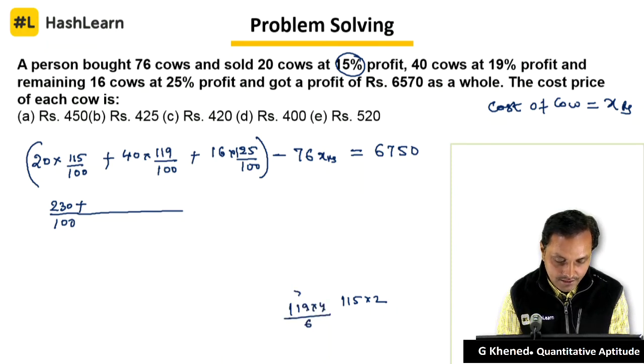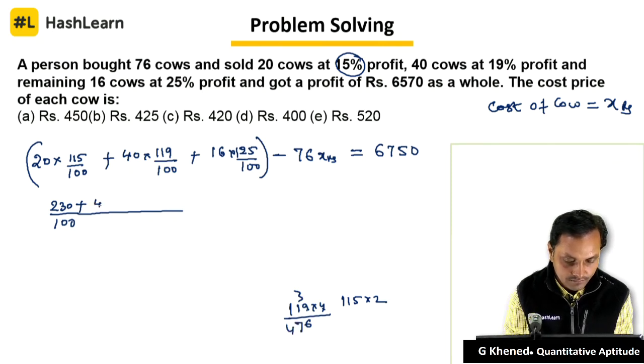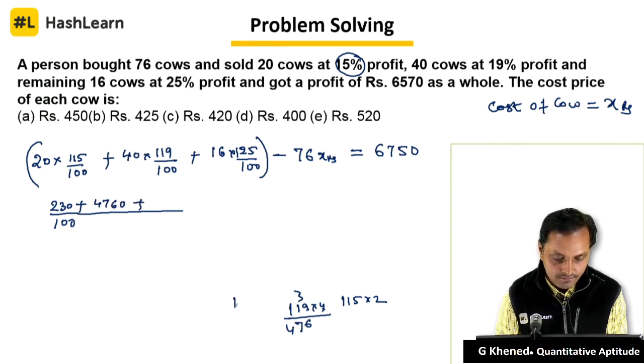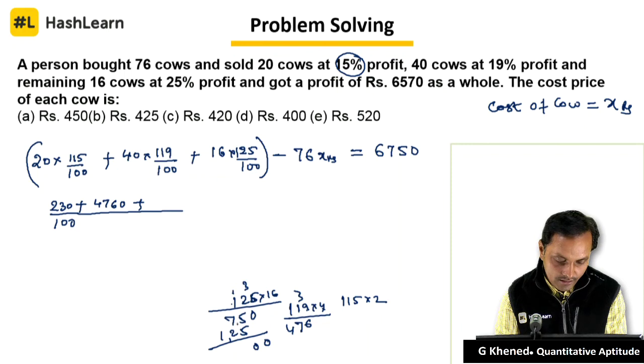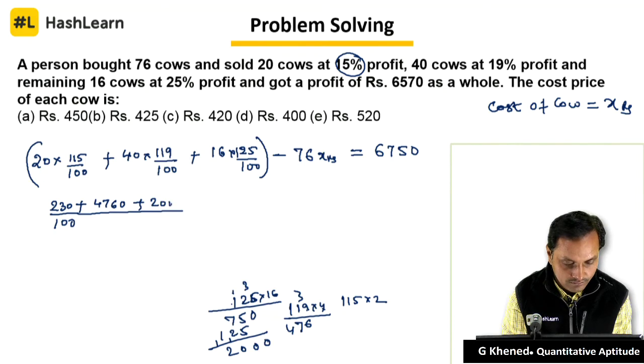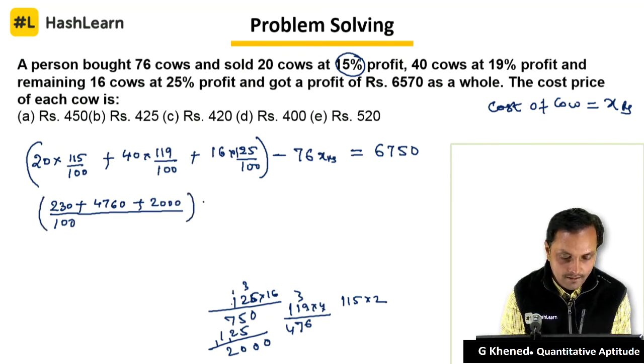That is 476. Then 125 into 16, that is 2000, minus 76x is equal to 6750.